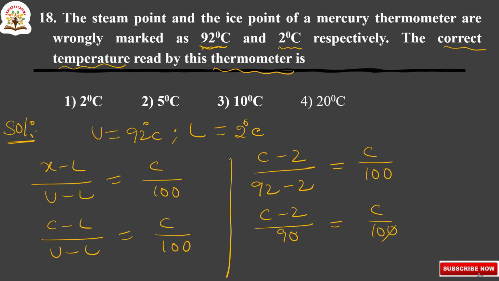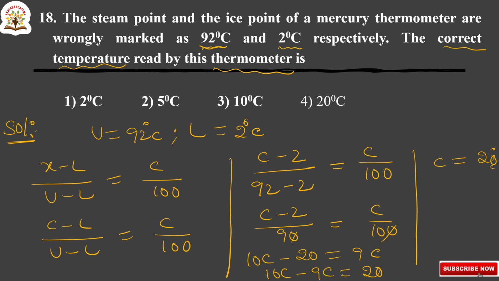The zeros get cancelled, and now we are doing cross multiplication: 10C minus 20 is equal to 9C. So 10C minus 9C is equal to 20. So at last we are getting C is equal to 20 degrees.